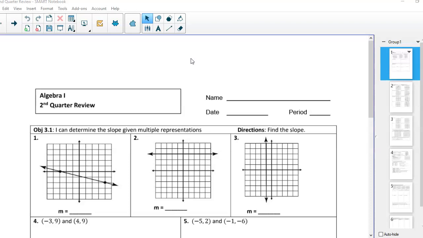And then all of Unit 4, so that was what we took right before break. If you have not taken Unit 4 or the line of best fit, you need to do that today or tomorrow morning. Unit 4 was writing equations of lines and writing equations of parallel and perpendicular lines.